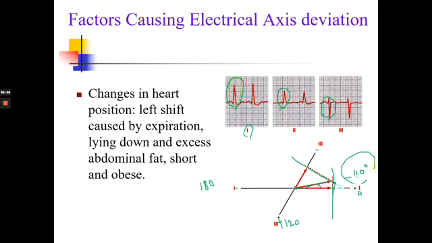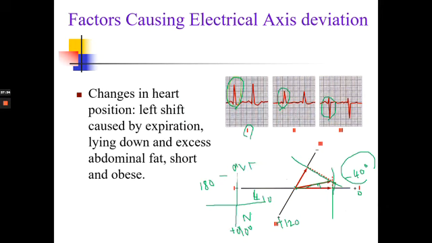And this is left axis deviation. You remember when we talked about the mean electrical axis, if it is in this quarter it is normal, between 0 to plus 90 degrees. This is lead 1, and this is aVF.